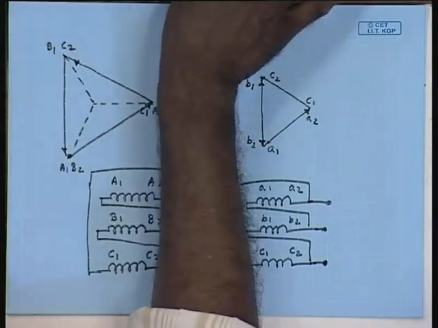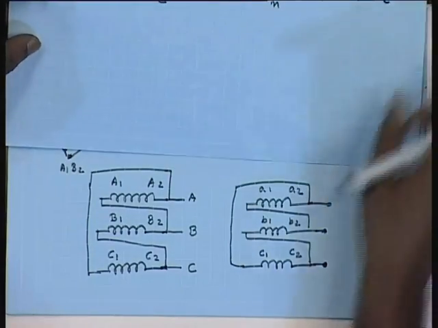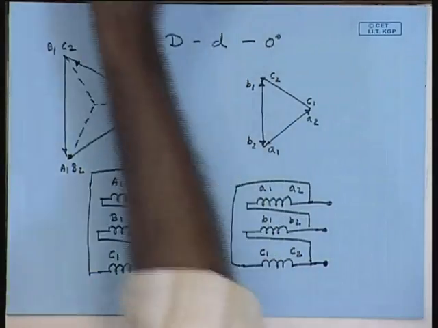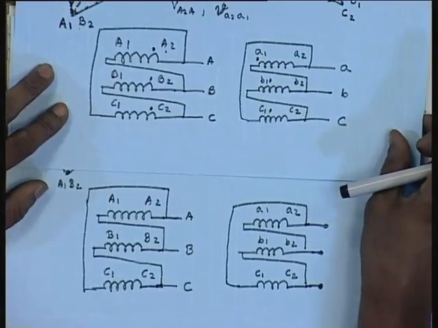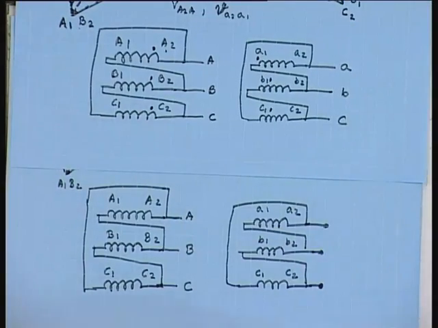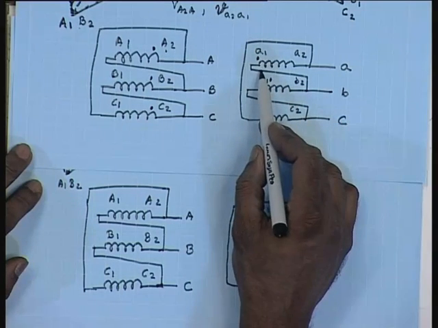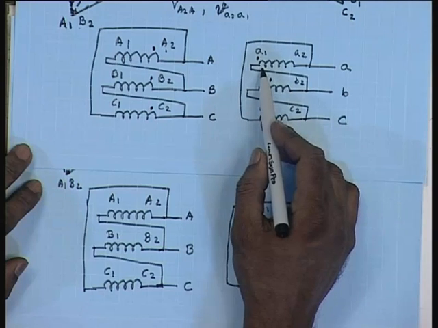Let us compare it with the connection of DD6. Here also the connection was similar, but here the polarity of the terminals, instantaneous polarity, were reversed.